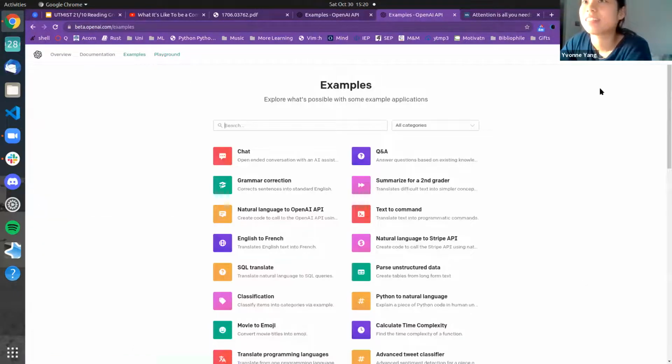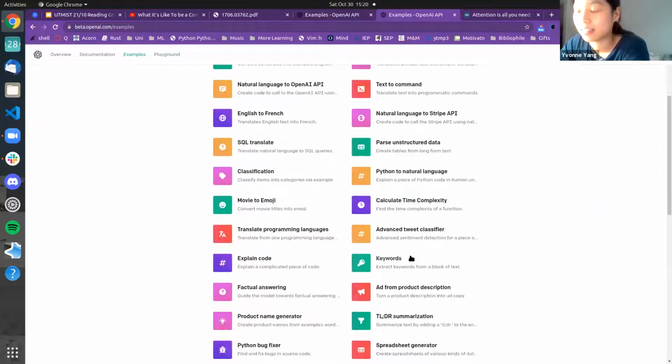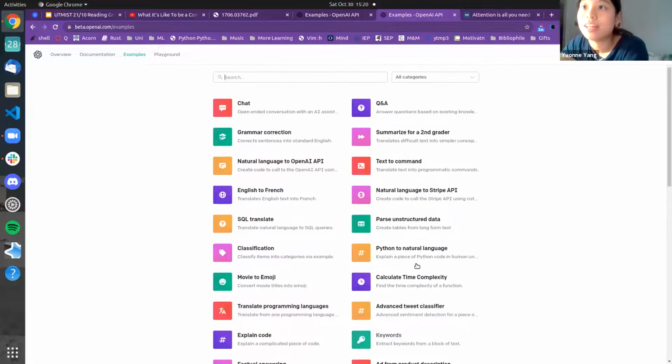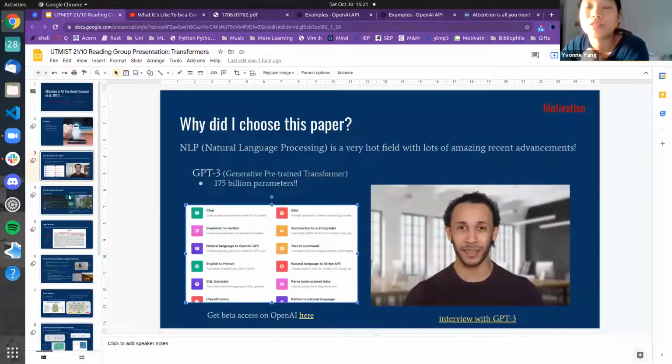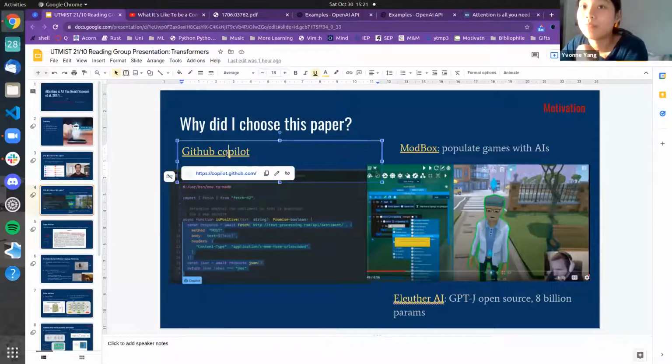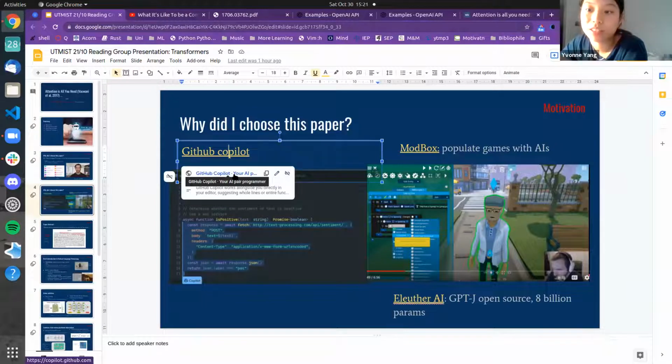And now they sort of extended this and created OpenAI Codex. Codex is specialized in translating natural language to code, and they're using it in GitHub Copilot. I don't know if you've heard of that. But essentially it'll code alongside you and give you hints.